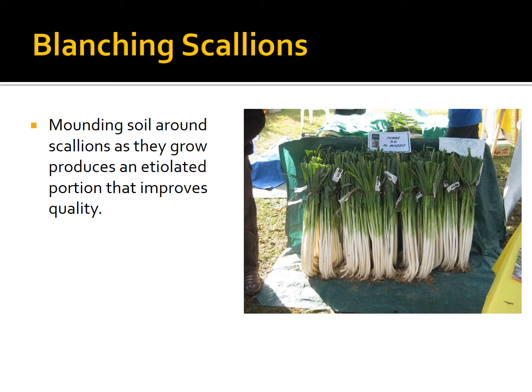If you're excluding light, then you're not able to make chlorophyll, so that tissue is going to remain kind of a white color. And then finally, when the scallions are ready for harvest, they're pulled up, and you can see a very distinct line there. You can see that the soil was mounded up, perhaps about halfway up those scallion stems. Below the soil line, the stems are a nice white color, and above that, the tops are green. Supposedly this process helps improve the quality of the scallions.